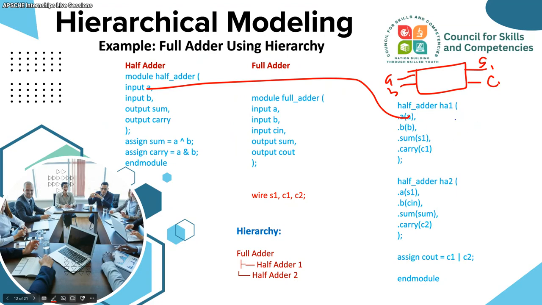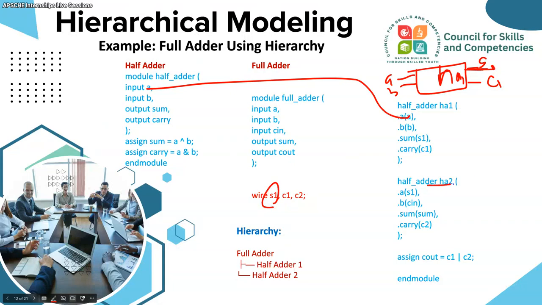So I am mapping it like this. Try to understand. What is this S1? Sum 1 is from the first half adder. I am connecting it to the wire S1.